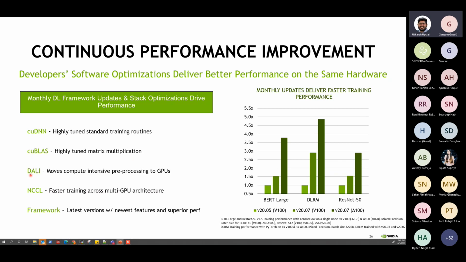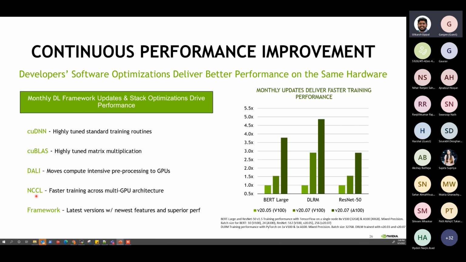DALI is basically for moving your pre-processing pipeline to the GPU. As I already told you, one of the biggest bottlenecks is moving your data from your CPU, that is your host, to the device, which is the GPU. So DALI accelerates the pre-processing. That's the SDK we have. We have NCCL, NVIDIA's collective communication library.